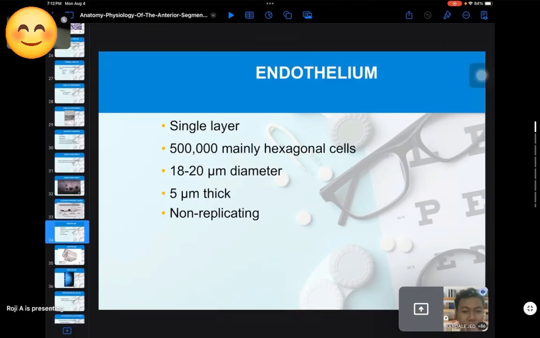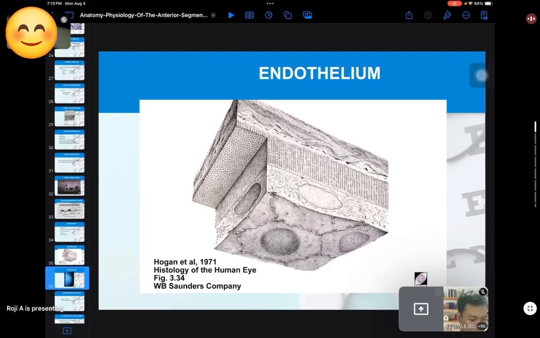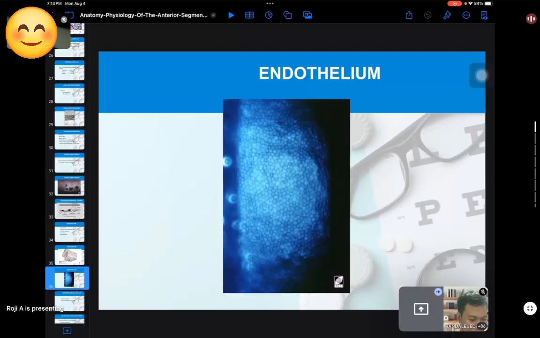The other endothelial cells will adjust, they will spread out, and then there will be polymegathism. It's non-replicating. You know what replicate means, right? To copy. Yes. All right. So that's your endothelium.